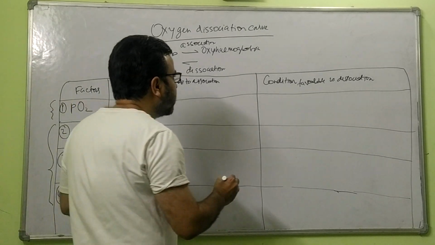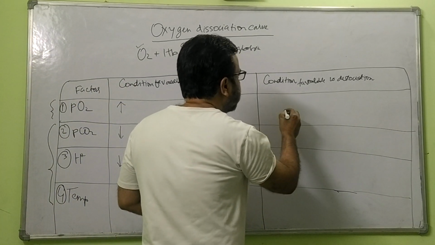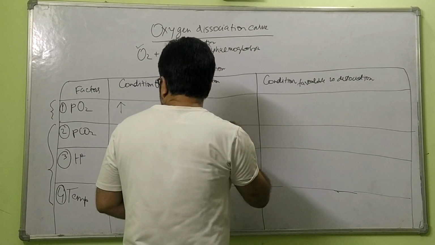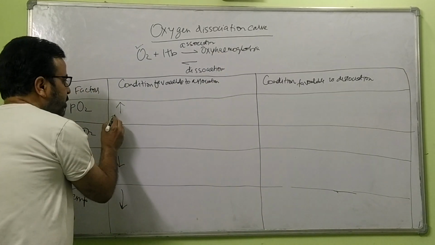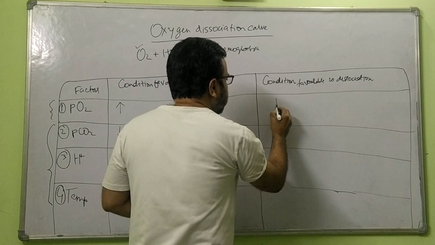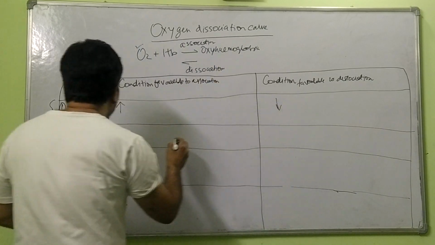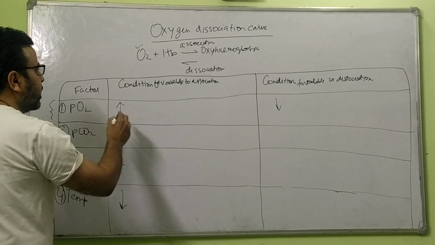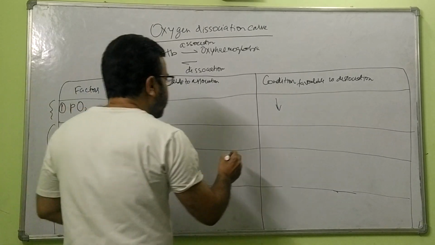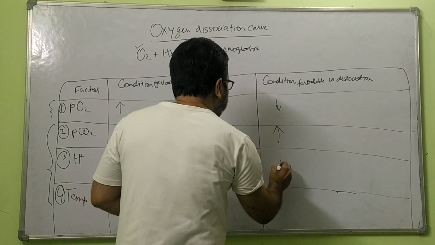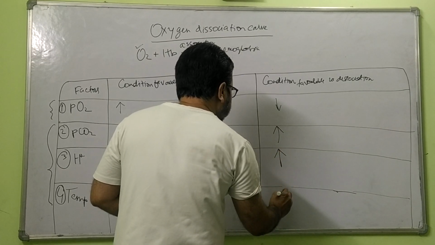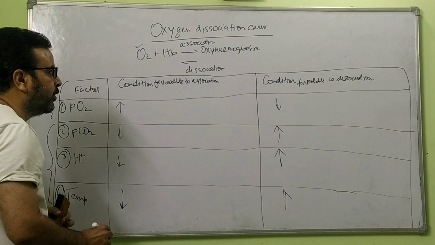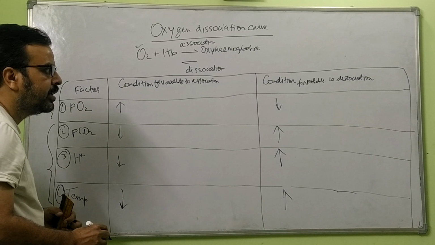The reverse is the condition when we discuss conditions favorable to dissociation. Here it was increased oxygen, here it is decreased oxygen, and these three factors were lesser for the association condition, and here it will be reversed. More of these three factors will be responsible for dissociation.